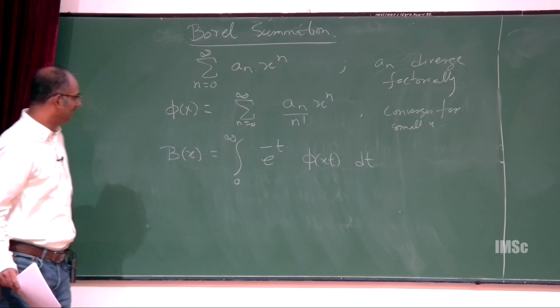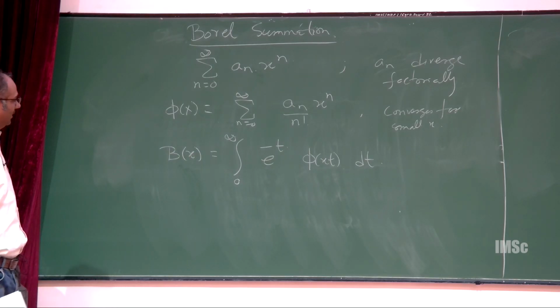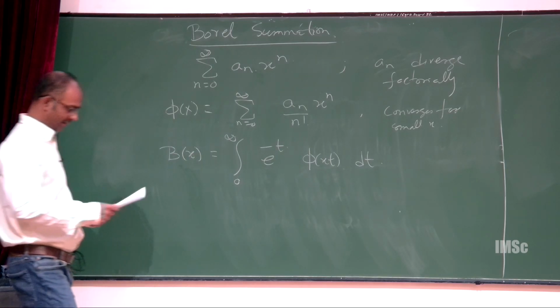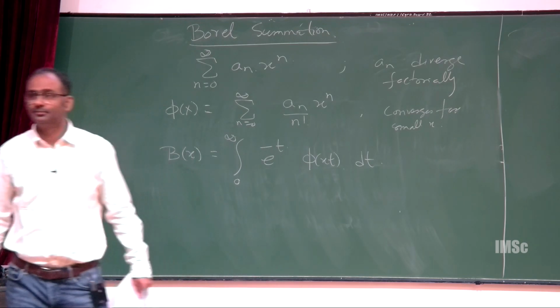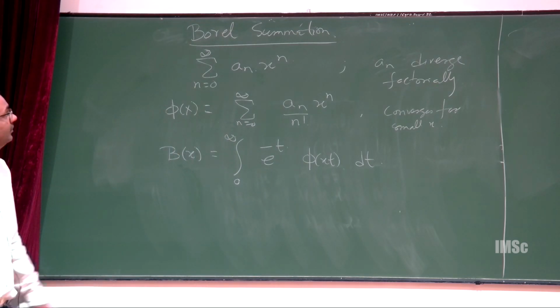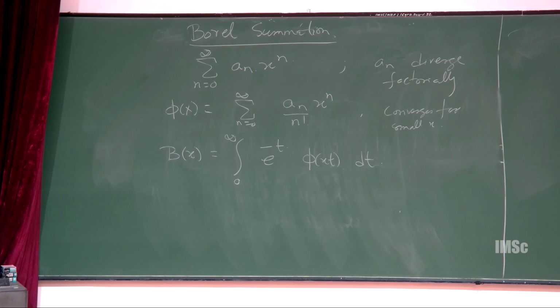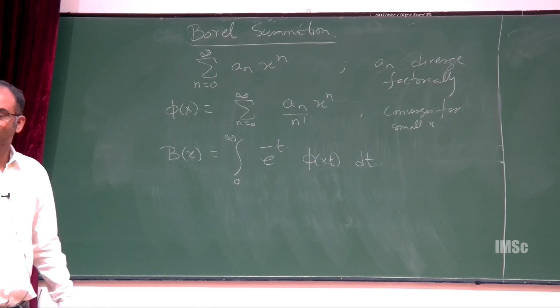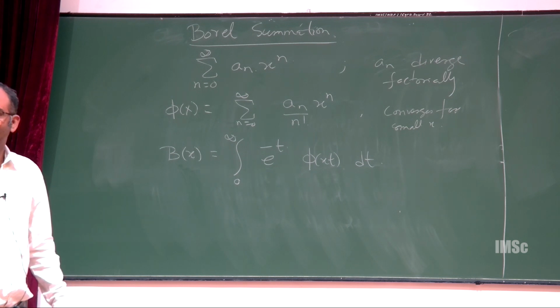Now let's see what this integral looks like. Excuse me, why is this small x coming in the phi of x? Our series was initially, why is there a restriction to small x? You are saying it converges for small x. I mean, are you trying to connect to alpha s?